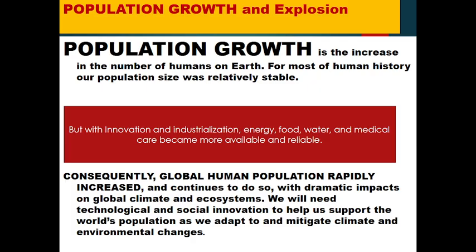Because of industrialization, because of the many energy resources we use, different types of food, the water we use, and medical care becoming so available. So the human population rapidly increased and continues to do so, with dramatic impacts on global climate and ecosystem.